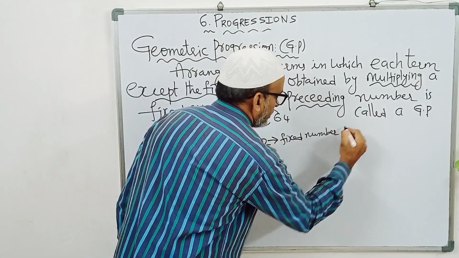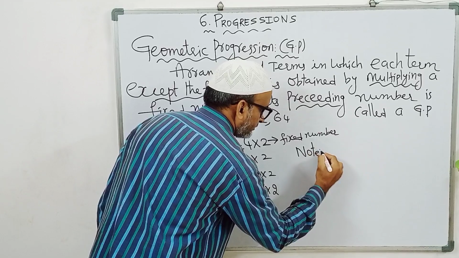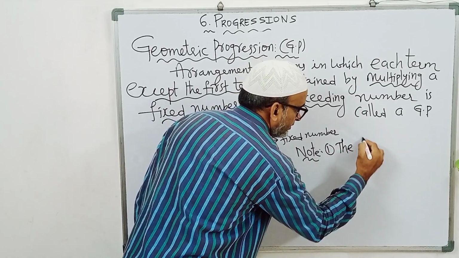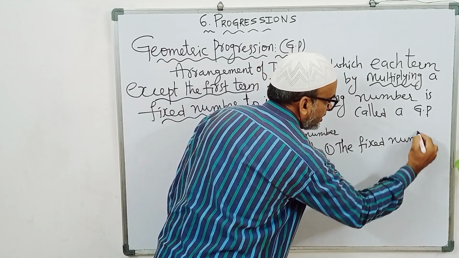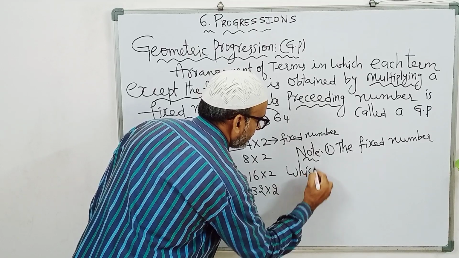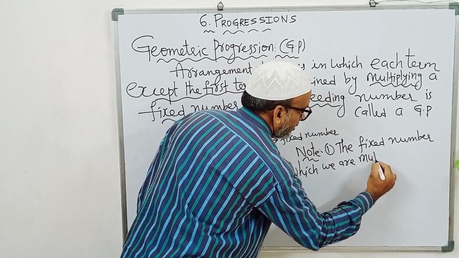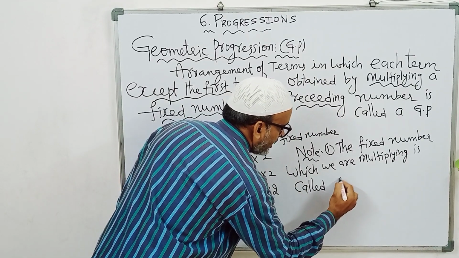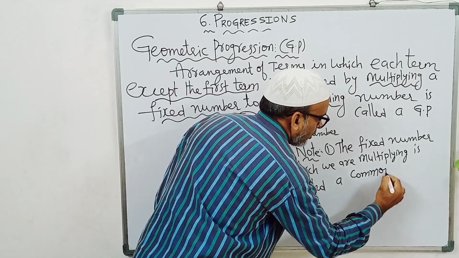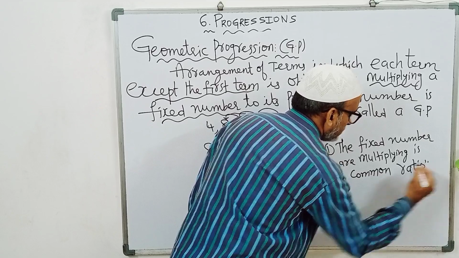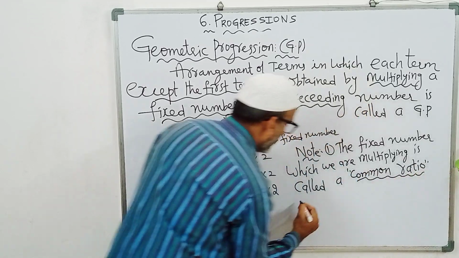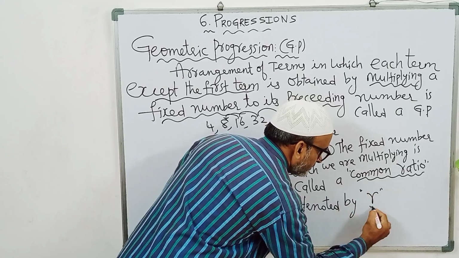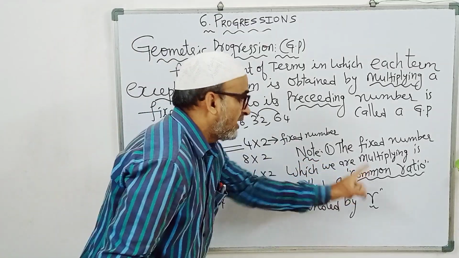Next is what? Note. See here. The fixed number which we are multiplying is called a common ratio, denoted by R. Why is this said R?